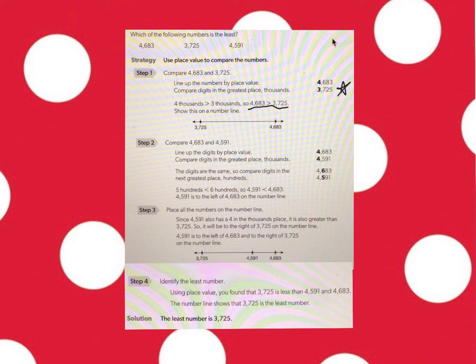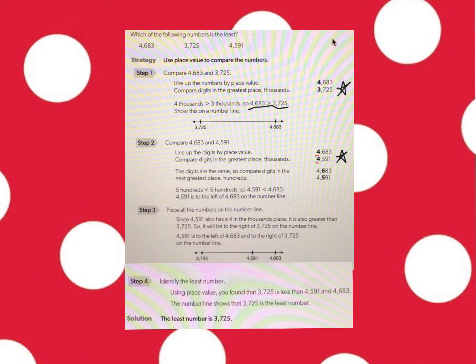Step 2, you're going to compare 4,683 and 4,591. We're going to line up the digits again by the place value. So here we are lining up. We're going to compare the digits in the greatest place value. We have 4,000, that is the same.